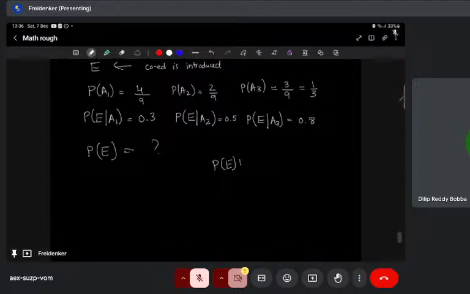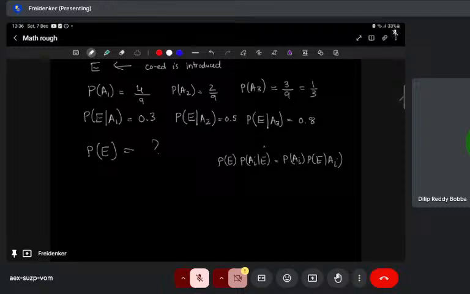Fine. So P of E into P of AI given E is nothing but P of AI into P of E given AI. This is using the multiplication theorem. This is nothing but P of E intersection AI. I think Bayes theorem came from here somewhere.